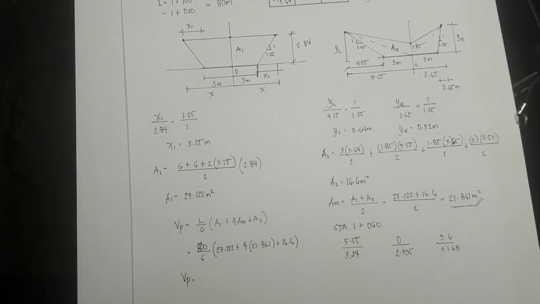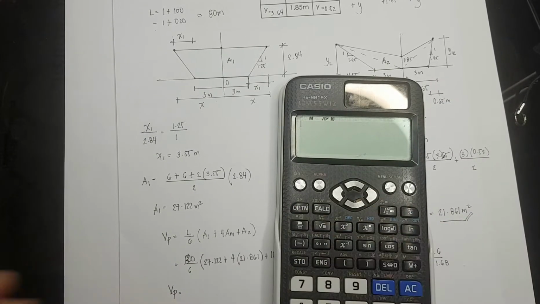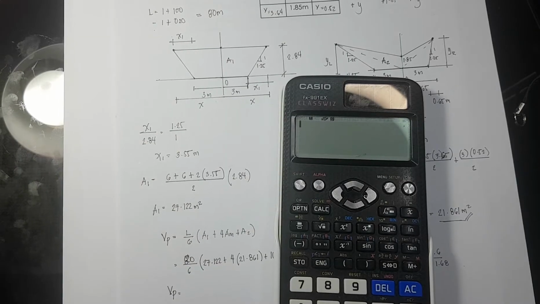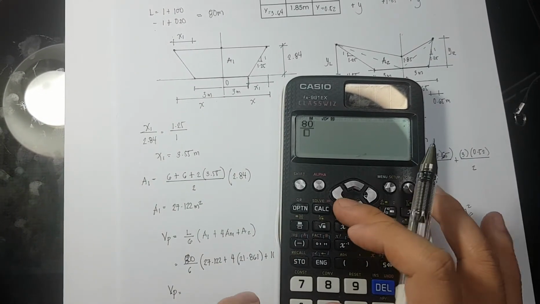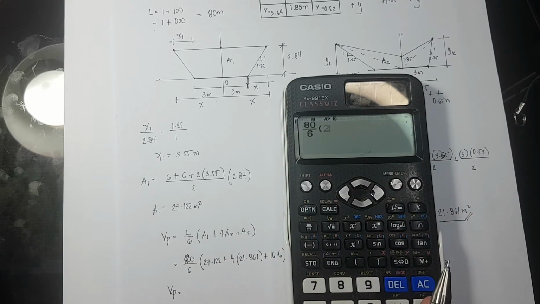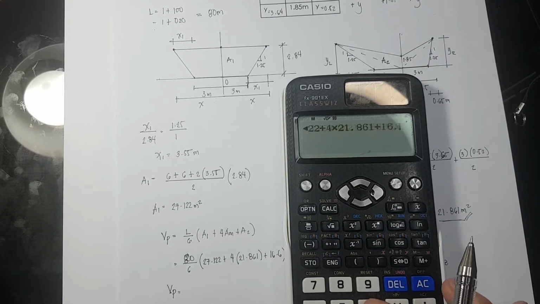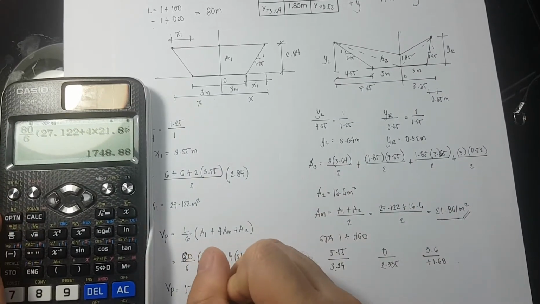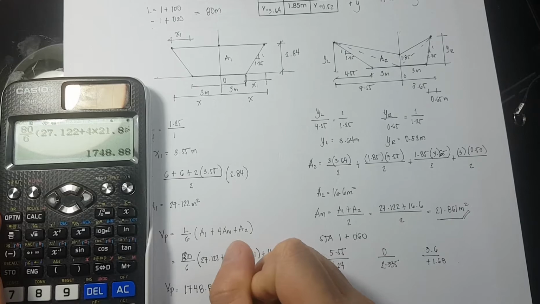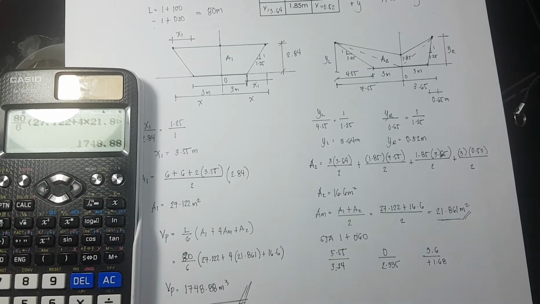To double check your values. So, we have here 80 over 6 times 27.122 plus 4 times 21.861 plus 16.6. And that is equivalent to 1,748.88 cubic meters. And this is the volume.